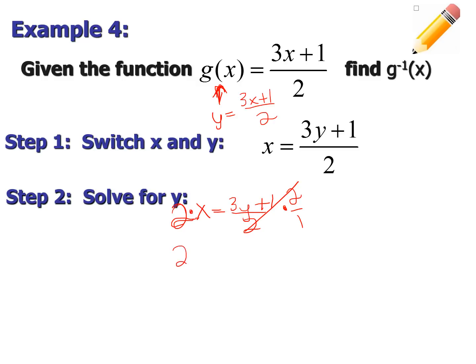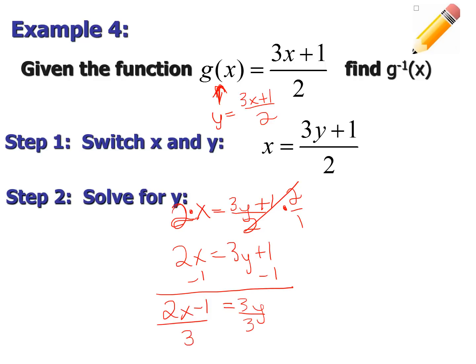So now we have 2x is equal to 3y plus 1, and now we can solve just a simple multi-step equation. So subtract 1 from both sides. 2x minus 1, we can't combine that, you guys, because they're not like terms. So we're going to leave it as 2x minus 1 is equal to 3y, and our last step is to divide by 3. And remember, 3's cancel, and we can just leave this big fraction as it is.